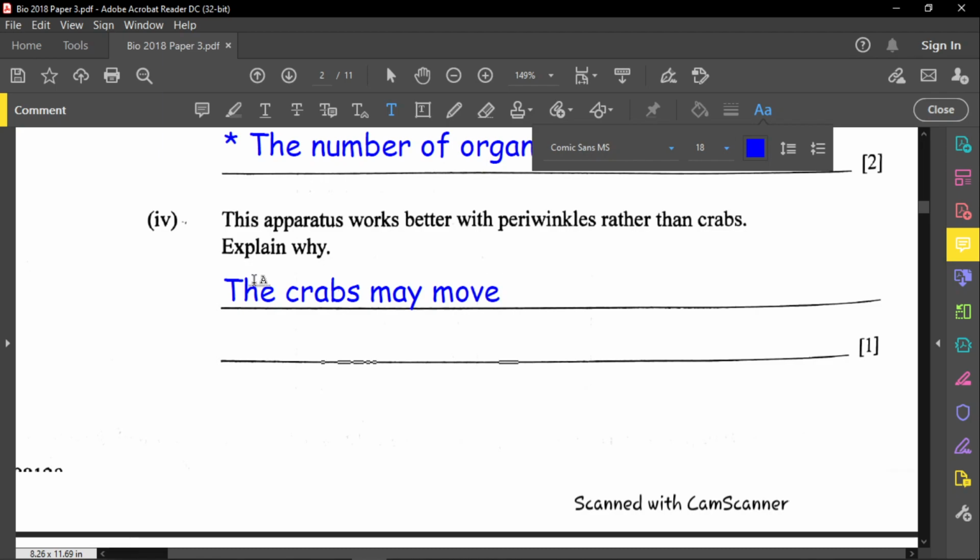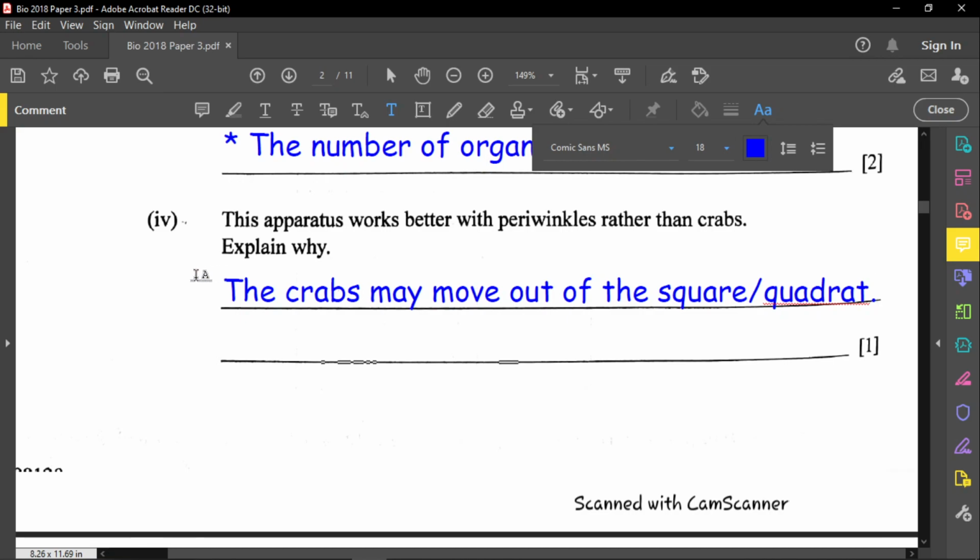So very important, you may want to say they move out of the quadrat or square. That's the first point that you get right there.